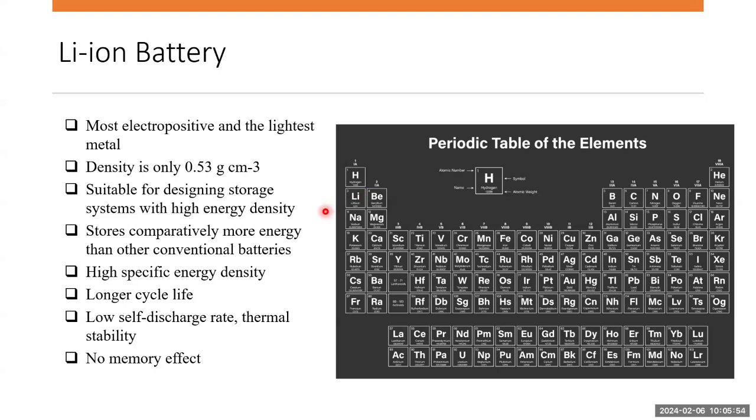Maybe you have heard about the lead acid battery, and it is not that popular right now because lithium battery is taking over, and that is why lithium-ion battery is more popular than others.